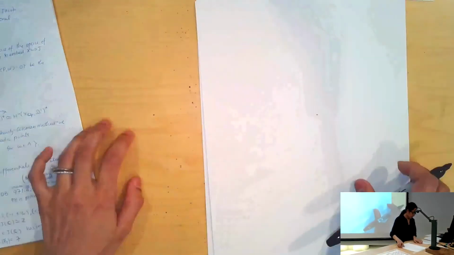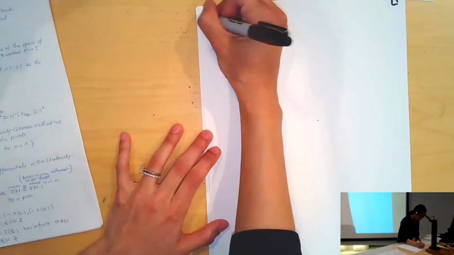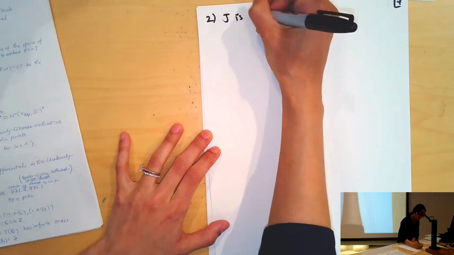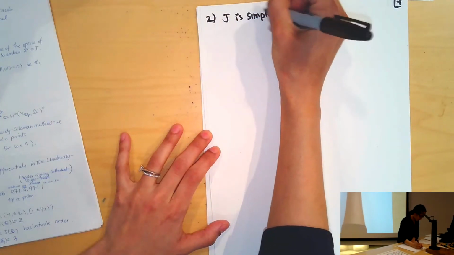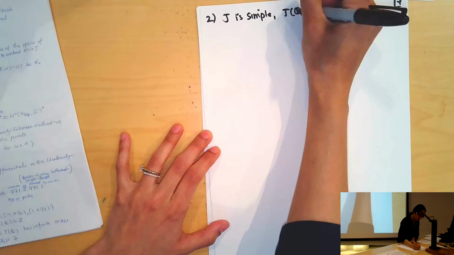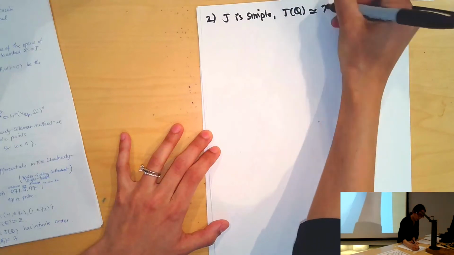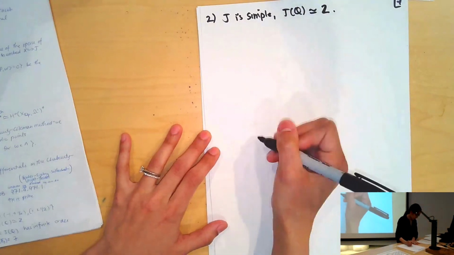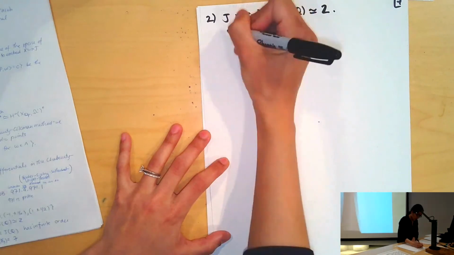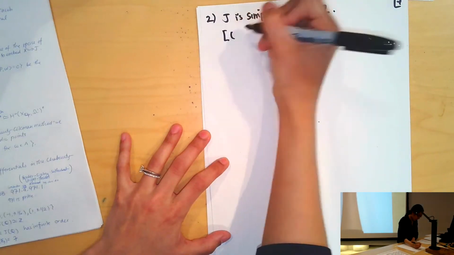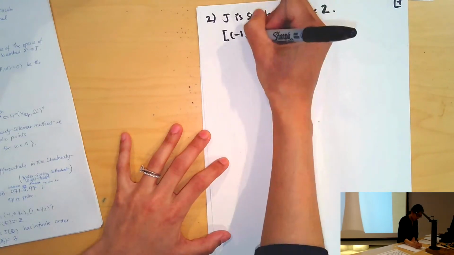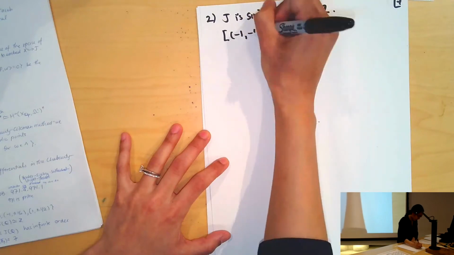What else? The Jacobian is simple, and it's of rank 1, and there's no torsion. We can find a point of infinite order, supported on rational points on the curve.